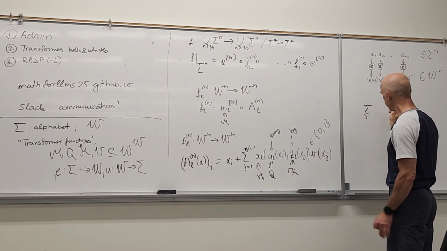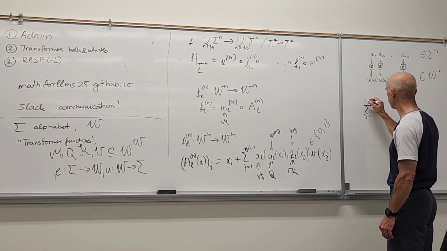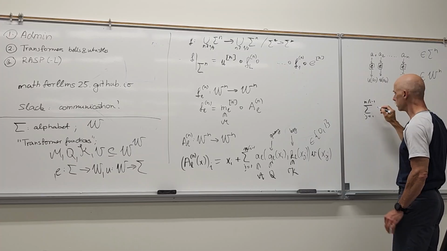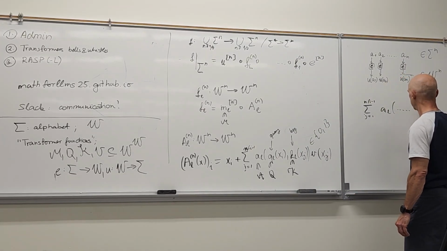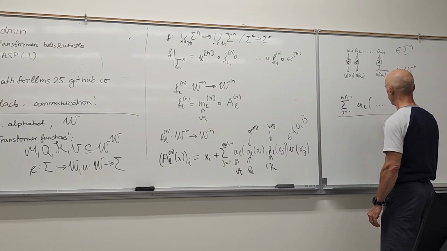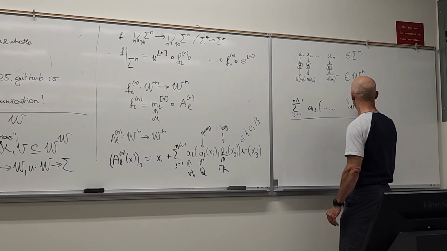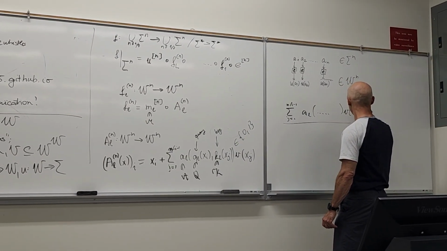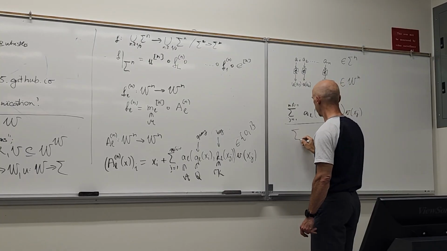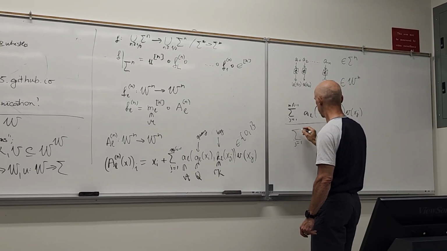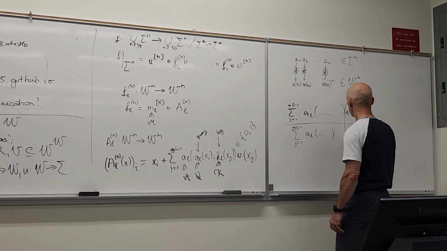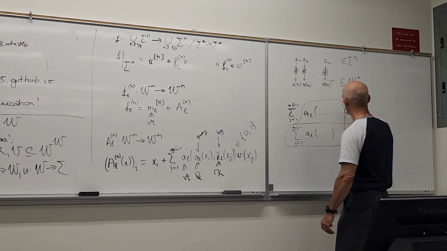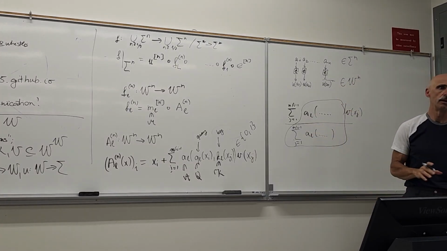So j goes from 1 to n, and sometimes i minus 1, but you also calculate the grand total of all these attention values, which means that if you look at these coefficients, they sum to 1.